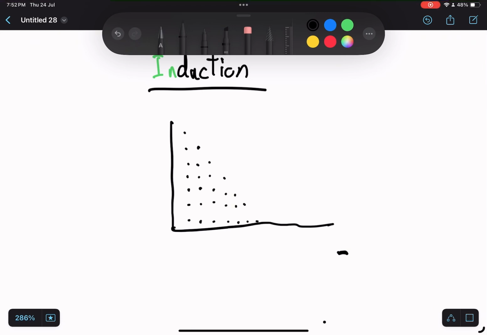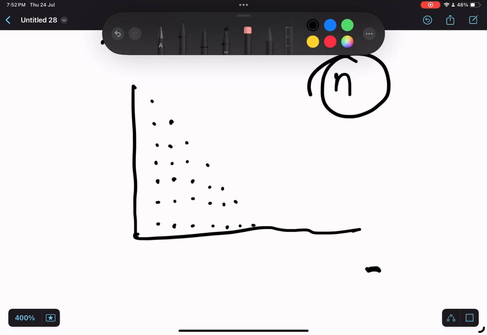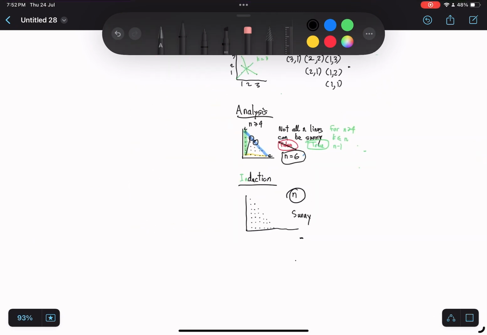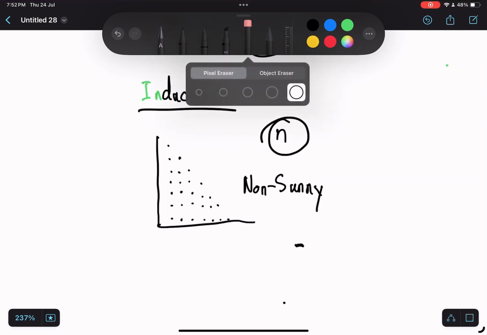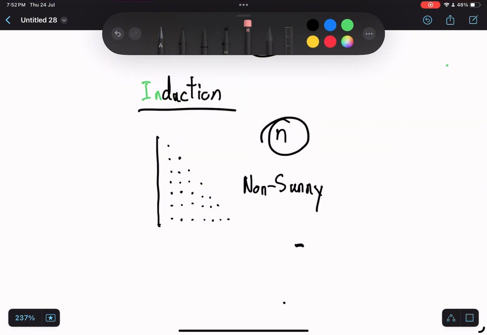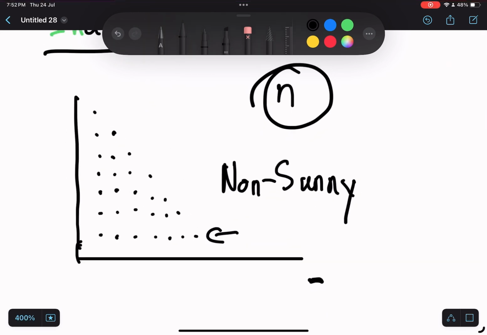And we can start our plotting for n. Okay, so let's try. There will be at least one non-sunny line. Mistake there. Let's just fix that line because it looks horrendous. And now we can officially start with that row.